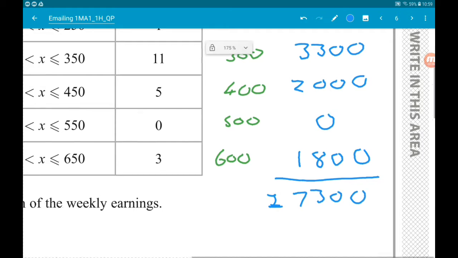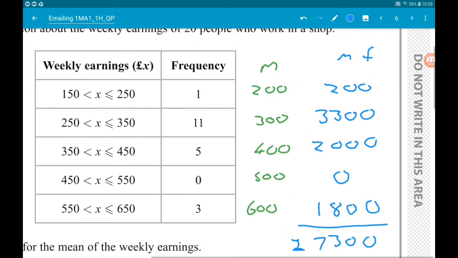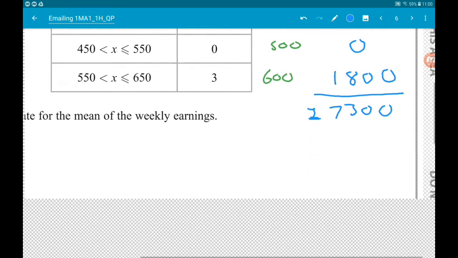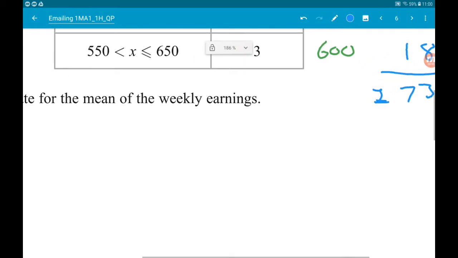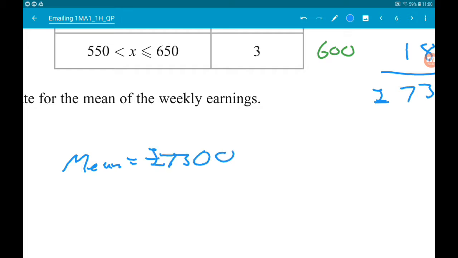Now we were told that 20 people work in this shop. So to find the mean, we do 7,300 divided by 20. Okay, so there's a common factor of 10. So this is 730 over 2.